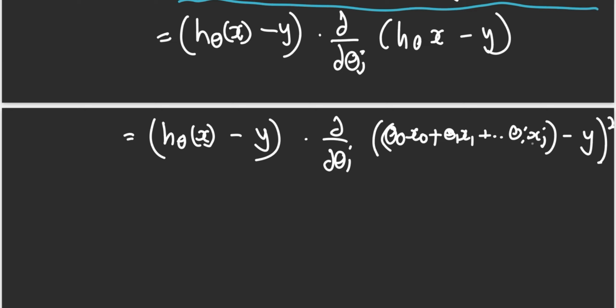What I'm saying is that this j refers to, is it theta 1, is it theta 2? It can be theta 100 that we are differentiating.